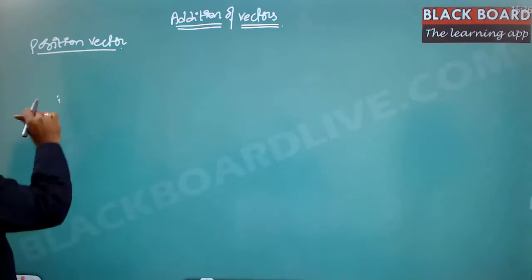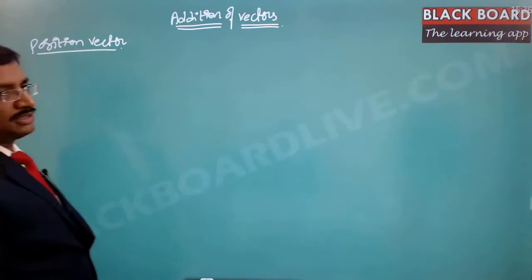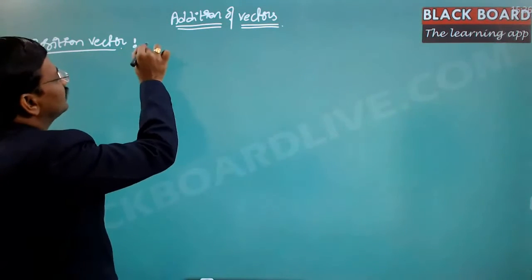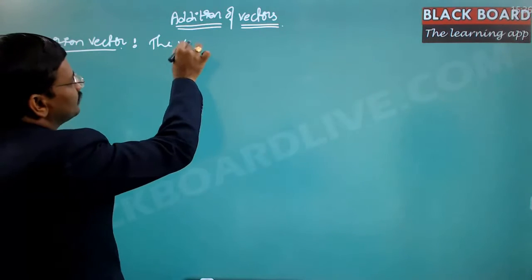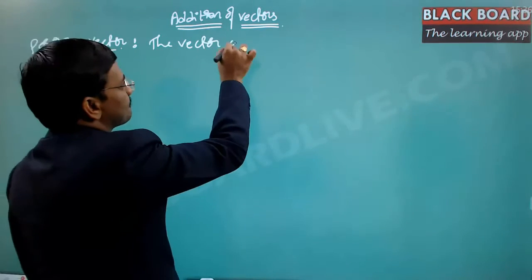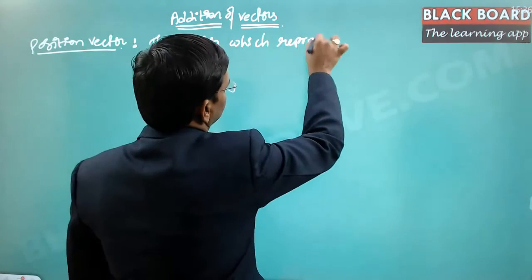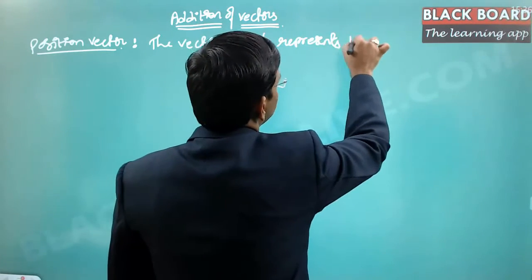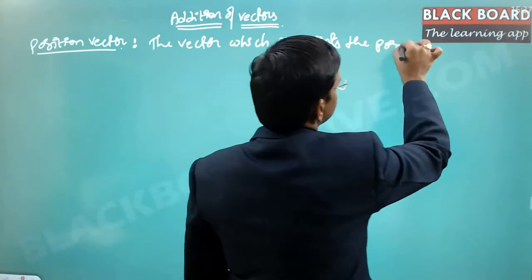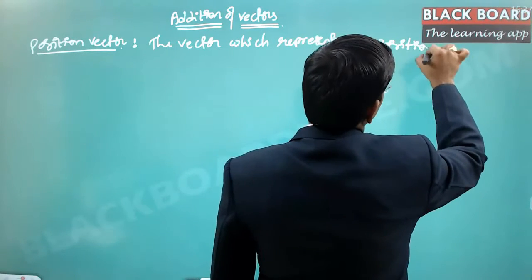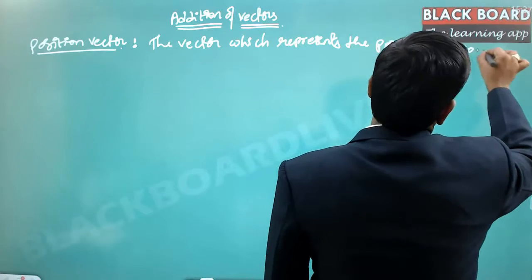So position vector, as the name suggests, is the vector which represents the position in coordinate system.